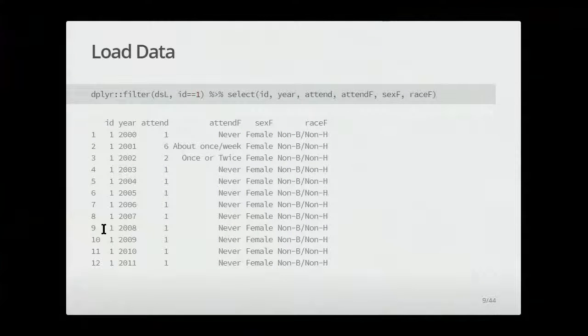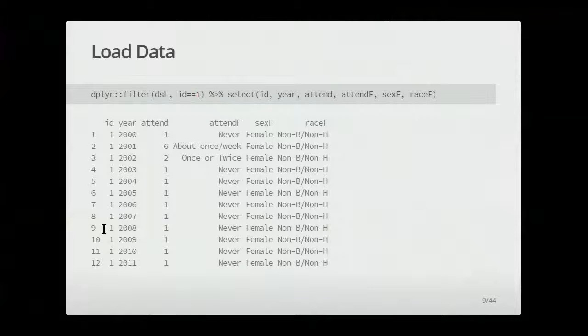This is the set of variables that we'll be working with today. ID, a unique identifier of an individual, year of measurement in which the measurement took place. Attend is an outcome measured on a scale from 1 to 8, measuring the frequency of church attendance. It was an outcome that I was interested in substantively when I was working on this data set. So I inherited these examples.